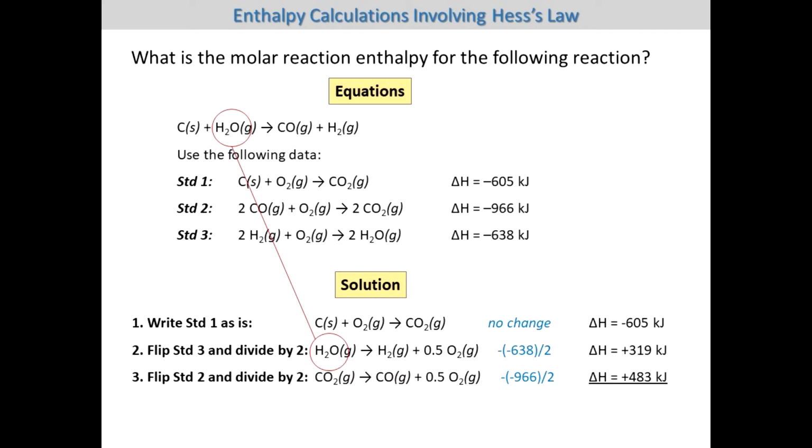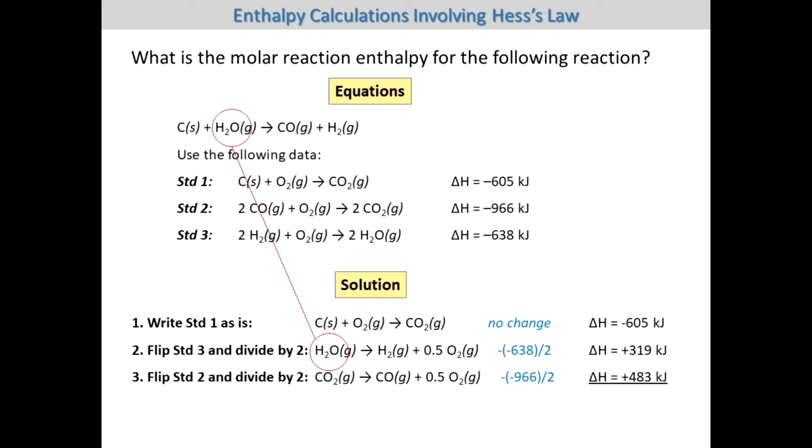Note also that in the balanced equation for the target, I have half the number of moles of water. Therefore, I have to also divide the standard equation 3 by 2. Therefore, I obtain a positive 319 kilojoules because I reverse the sign and I divide it by 2 based on the balanced equations.